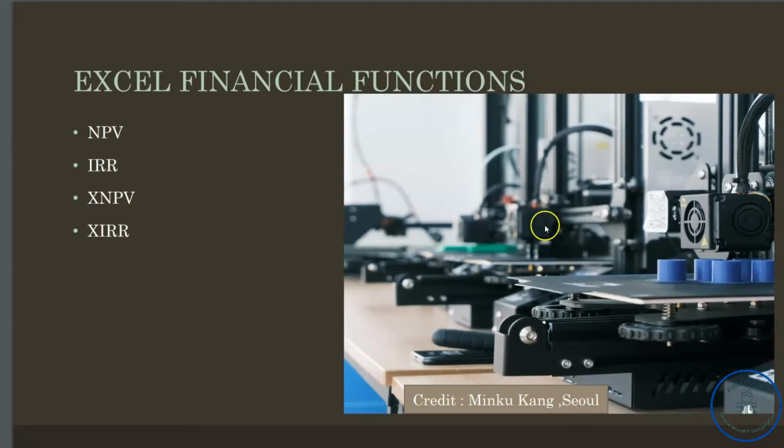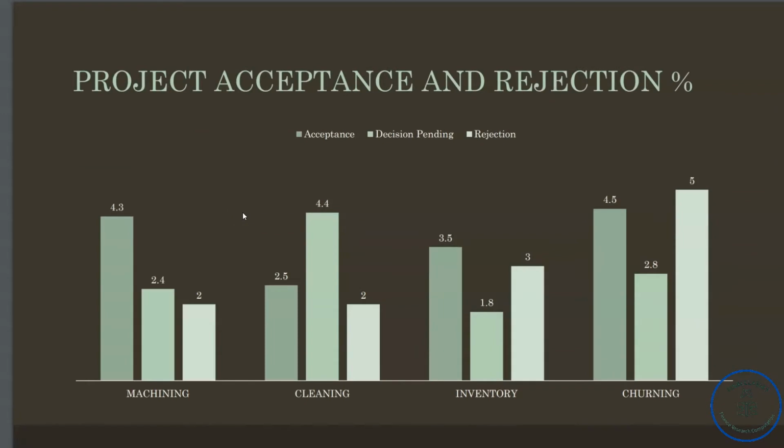So net present value and the internal rate of return are the most commonly used financial analysis functions. In this chart, you can see the project acceptance rate and the rejection rate. For machining work, heavy machinery may be involved in machining operations.